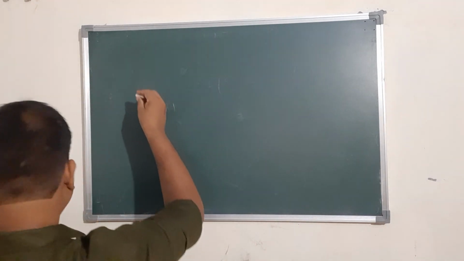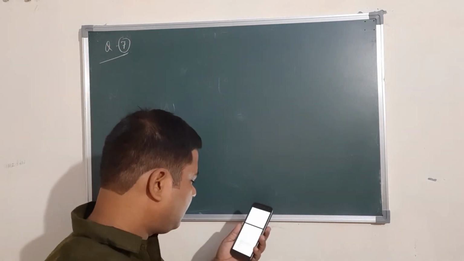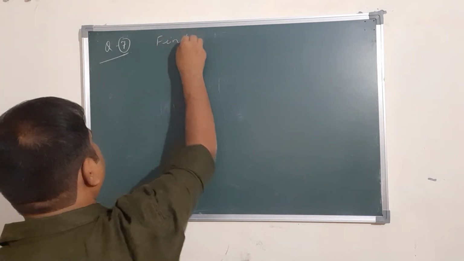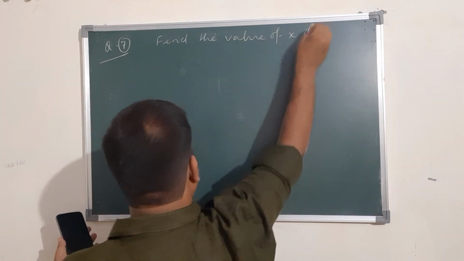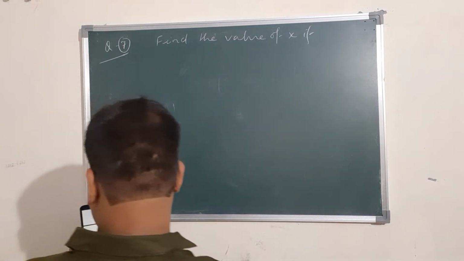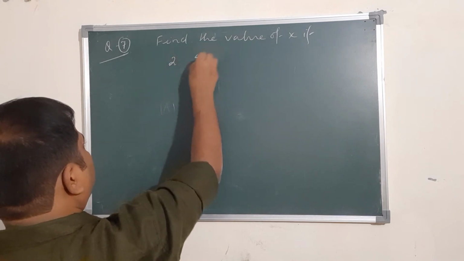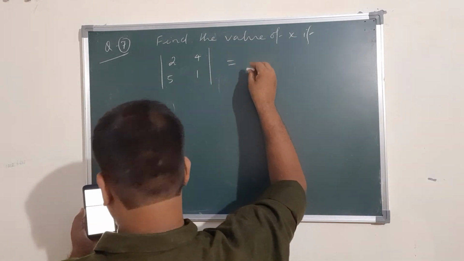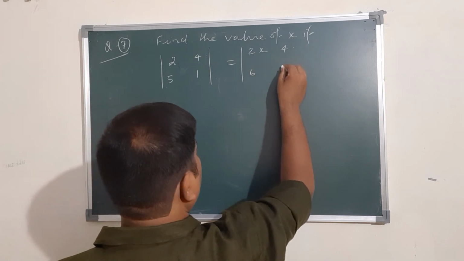What is question number 7? Find the value of x if the determinant 2 4, 5 1 is equal to the determinant 2x 4, 6 x.